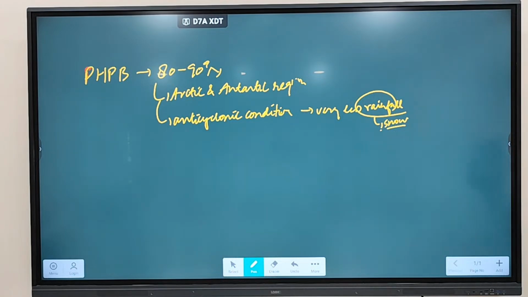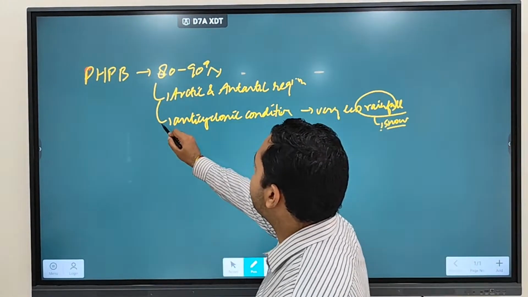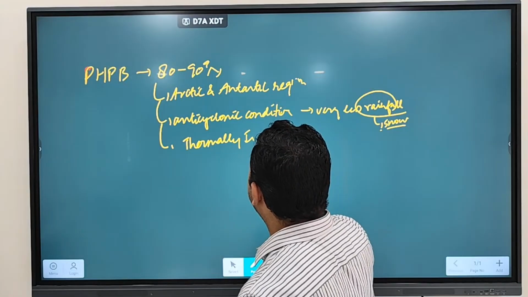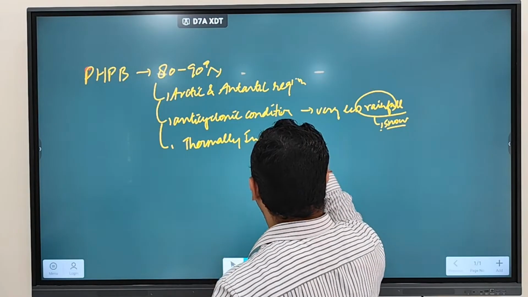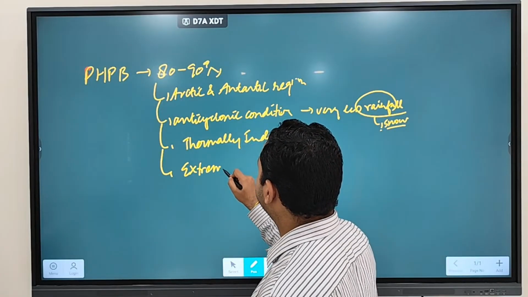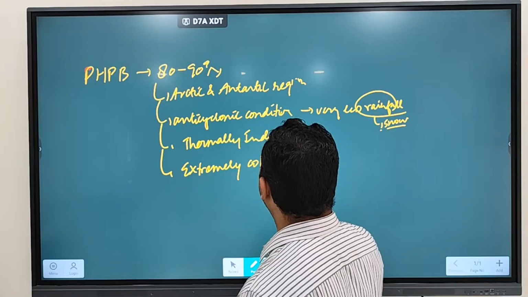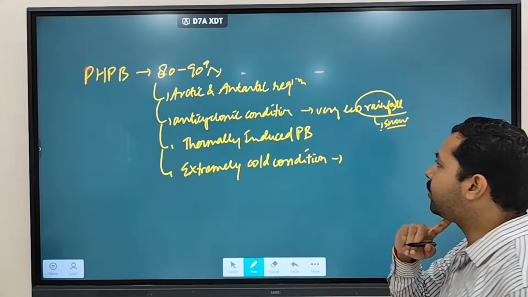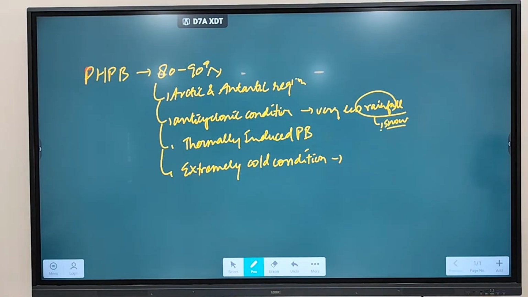Clear? Now, it is a thermally induced pressure belt. Extremely cold conditions, and that's why it is difficult for the survival of humans. Extremely cold conditions are present. Fine.